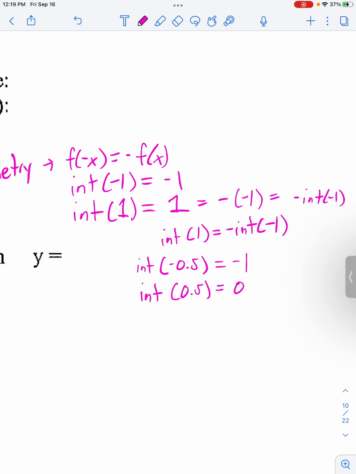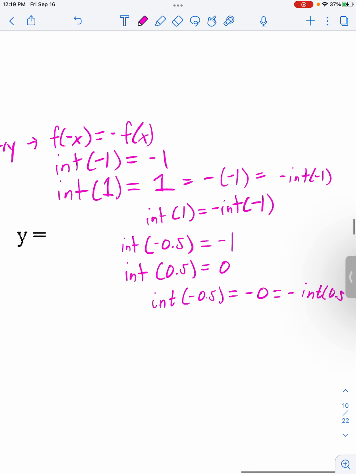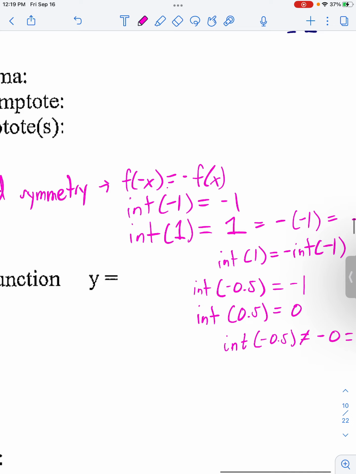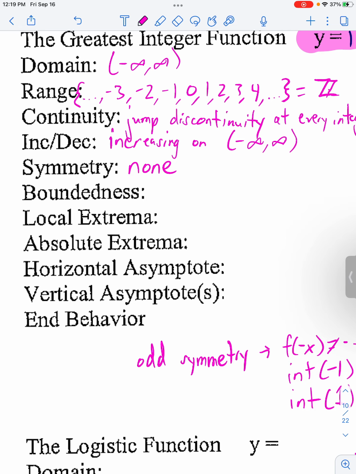If this were odd, then we'd have to have int of negative 0.5 be negative 0, because then it'd be negative int of 0.5. That's not the case here, right? Int of negative 0.5 is negative 1. So this is not true. We've broken my odd symmetry rule. So this has no odd symmetry, none.